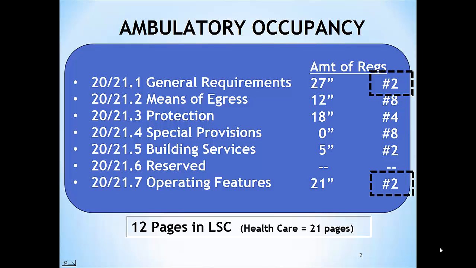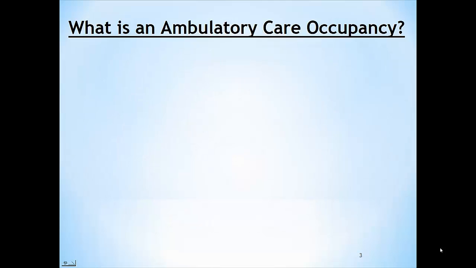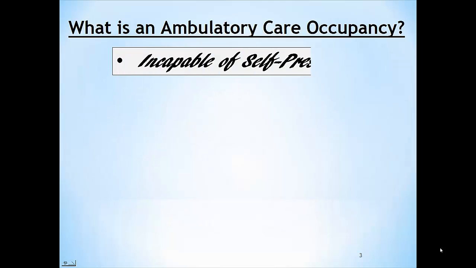Let's take a look at what makes up an ambulatory care occupancy. Similar to healthcare, the people in it are incapable of self-preservation. A good working definition of that is: when people hear a fire alarm bell, are they capable of understanding what that bell, that gong, or whatever is saying, and know how to evacuate or what to do in response to that alarm?